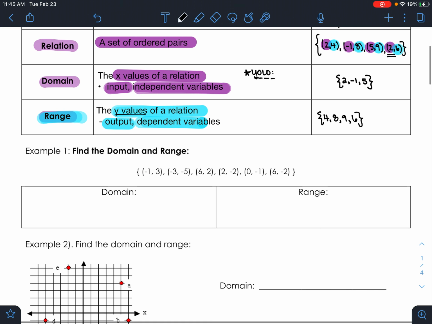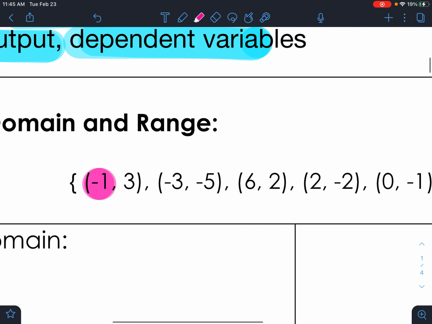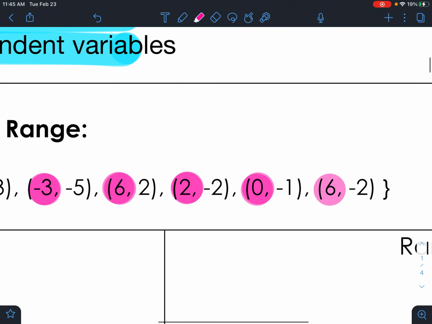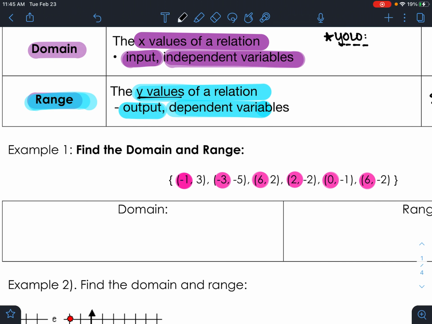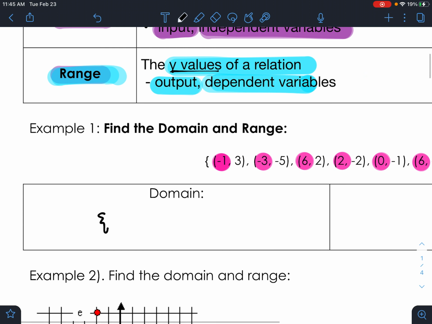So let's practice this, all right? So example 1, exactly like what we did, we're going to find the domain and the range of that relation, okay? Going through, I'm going to highlight my x values: -1, -3, 6, 2, 0, and then another 6, okay? Listing out that domain, I'm just going to list my x values, but if I have 2 of the same, remember I only list it one time.